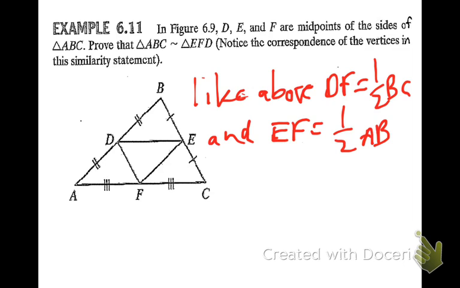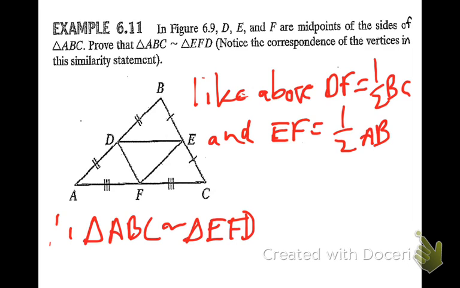So then that makes, in that middle triangle EFD, all those sides 1/2 the lengths of the sides of the larger triangle. They all have the same proportion, so we can say, therefore, triangle ABC is similar to triangle EFD by side, side, side similarity.